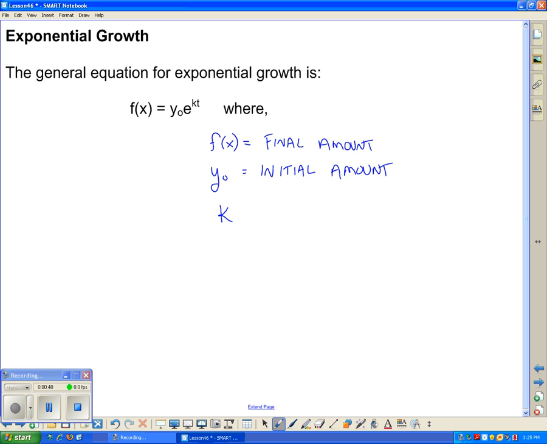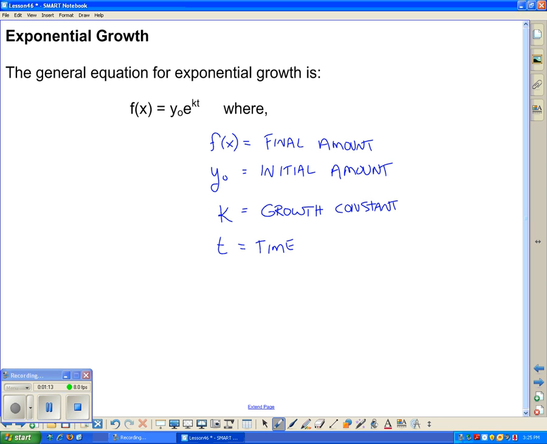Your k value is your growth constant. And finally, t is your time. As long as you are uniform in what time you use, it doesn't matter whether it's seconds or hours, as long as you're using consistent time throughout.